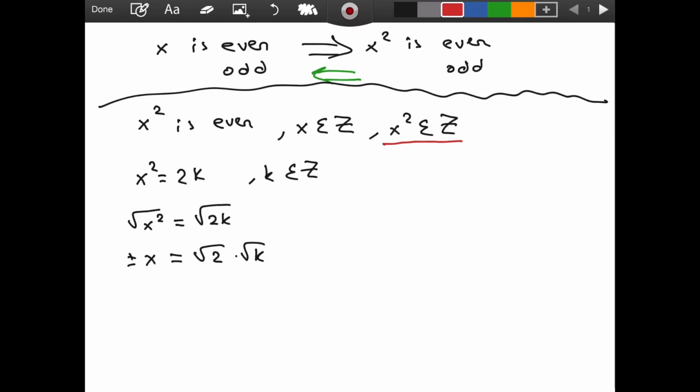That means this right side should be an integer because it is equal to x. We have the square root of 2. Right now, we don't know whether or not it is irrational because we didn't prove it yet. We will prove it in the future. However, we know that it is not an integer. Even if it is irrational, which it is not, but even if it is, it still isn't an integer.